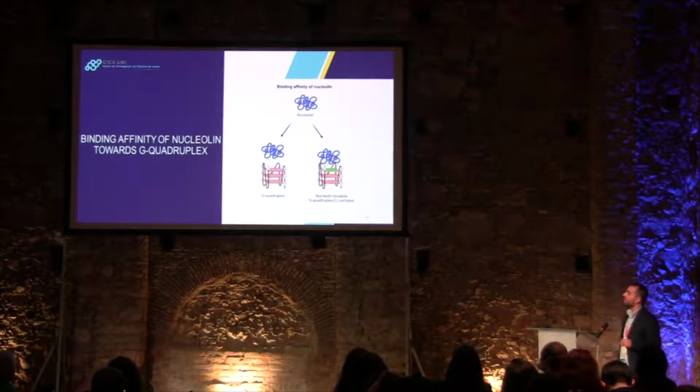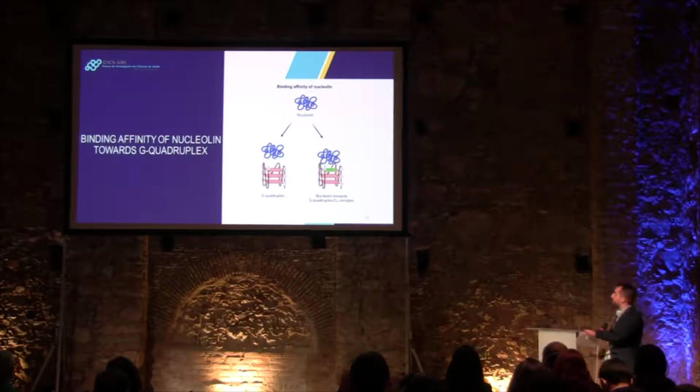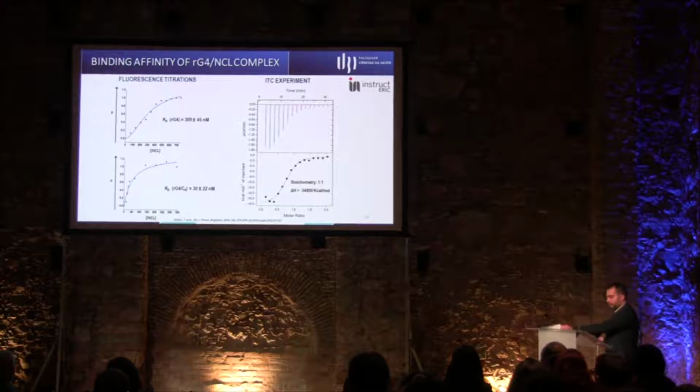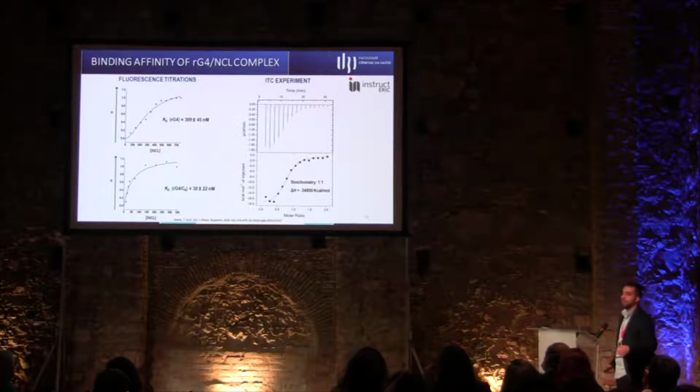Then we evaluated the binding affinity and thermodynamic parameters of the G-plex and the G-plex C8 binding with nucleolin. To this purpose, we performed fluorescence spectroscopy to follow the fluorescence intensity of the labeled G-plex while we titrated nucleolin.